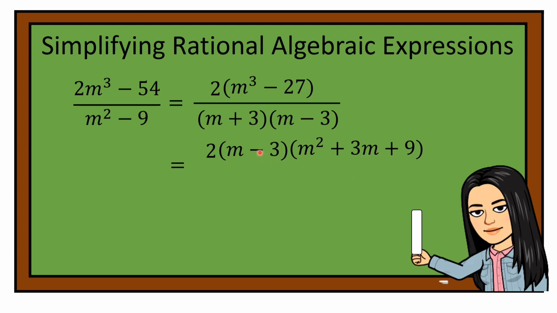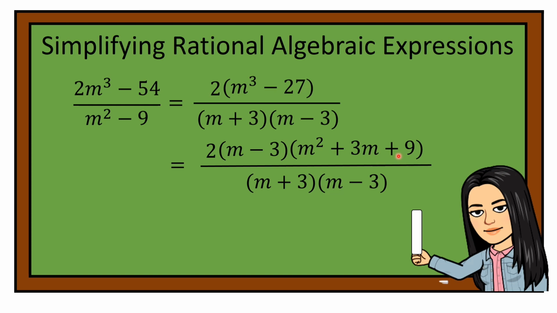So, the signs came from the mnemonic SOAP, which means same, opposite, always positive. Since this is subtraction, the binomial factor is also subtraction. And then, opposite, always positive. Over, copy our denominator, which is m plus 3 times the quantity m minus 3.